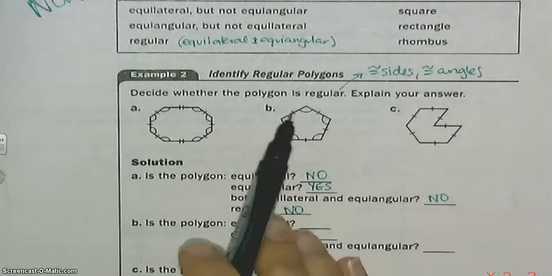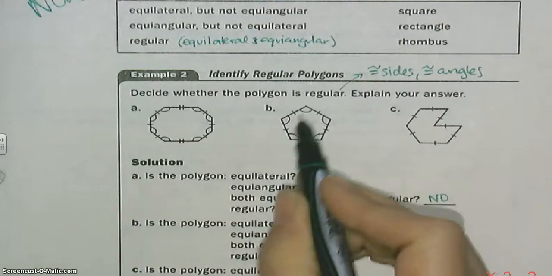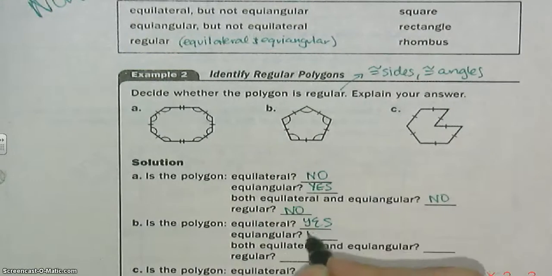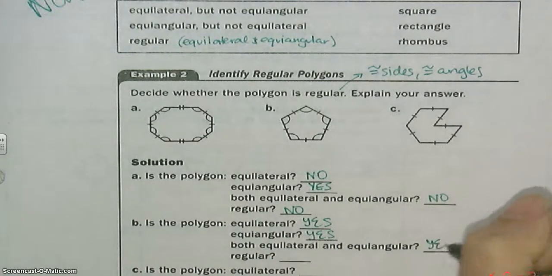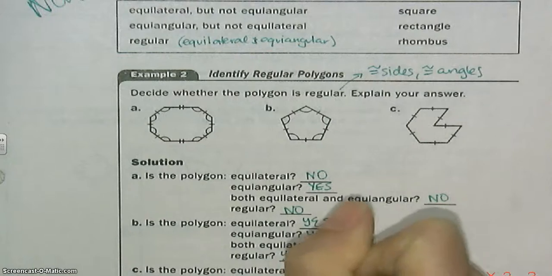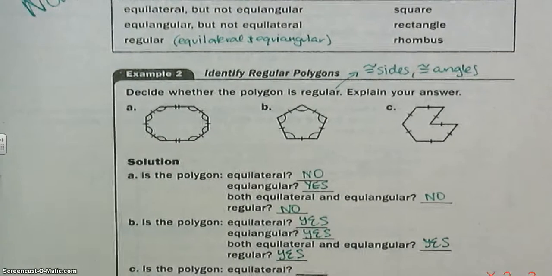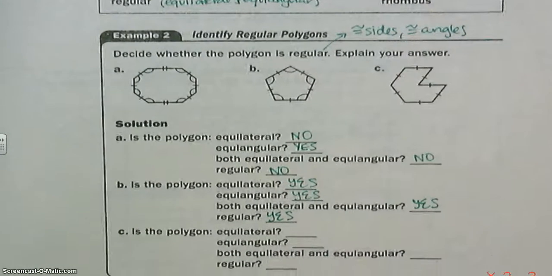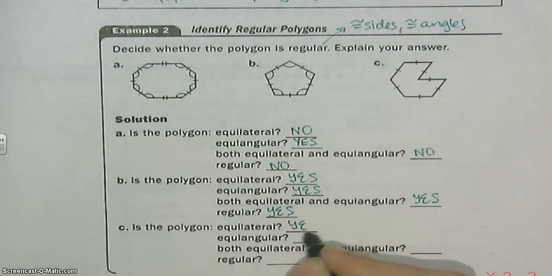Check this. All sides have the same tick mark. Yes, it's equilateral. Is it equiangular? Yes, all angles have the same arc mark. So it is both equilateral and equiangular, which makes it regular. In letter C, all the sides have the same tick mark, so that's equilateral.